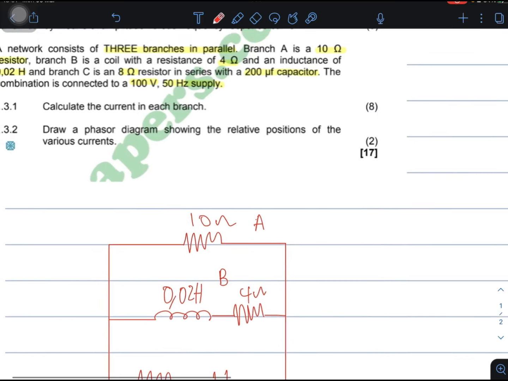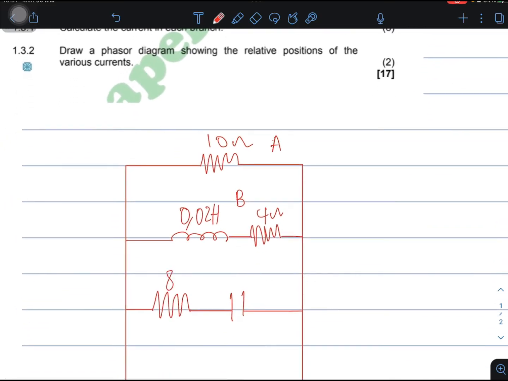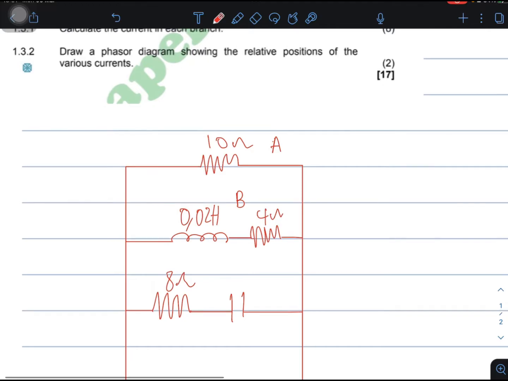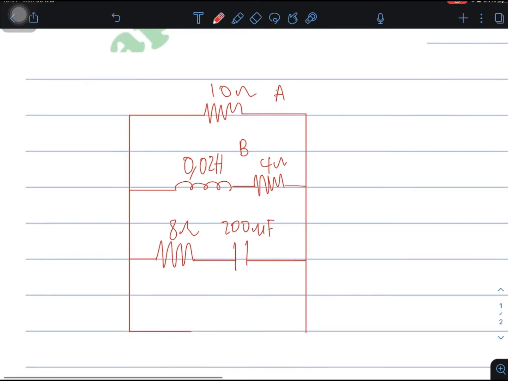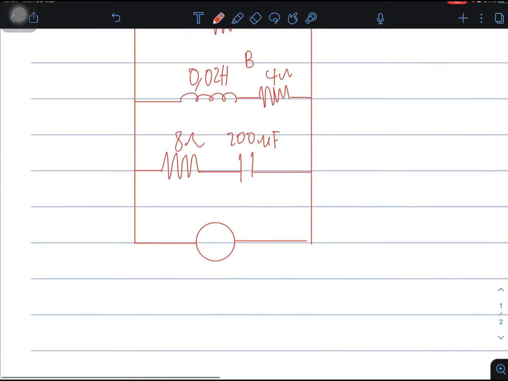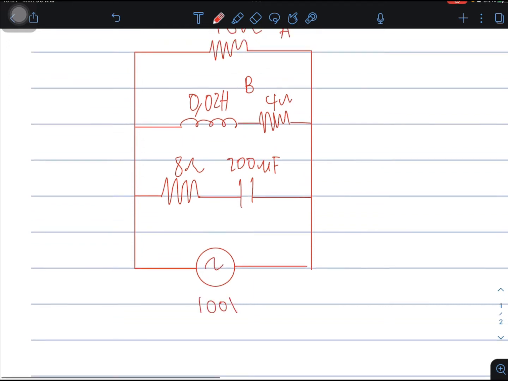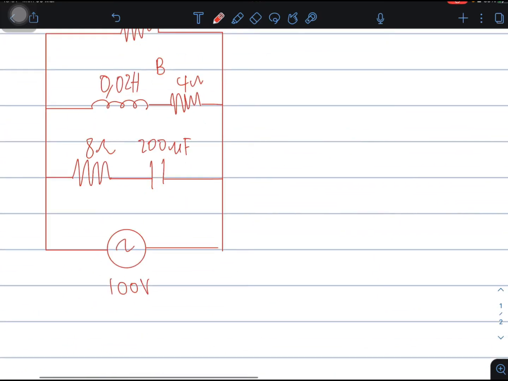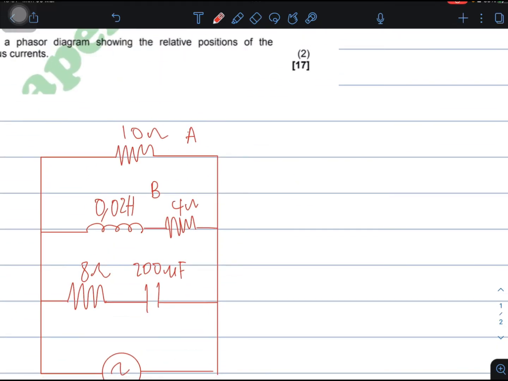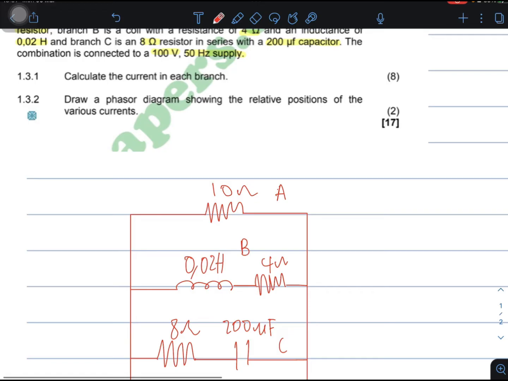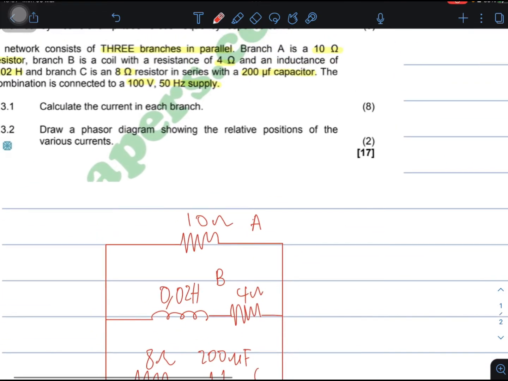The resistor is 8 ohms. The capacitor is 200 microfarads. Then we have an AC source, which is 100 volts at a frequency of 50 hertz. This is branch C, but we must calculate the current through each branch.